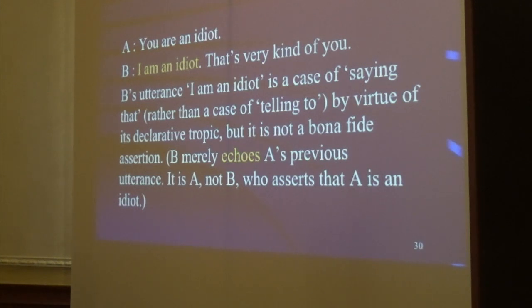But this is not a real assertion, because B is merely echoing A's previous assertion. This is just an echo, like a quotation. No assertion is made by B. A is asserting that B is an idiot, but B is not asserting that he himself is an idiot. He's merely echoing A's words.